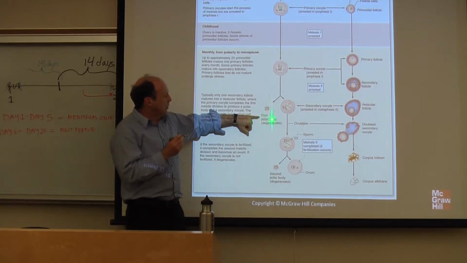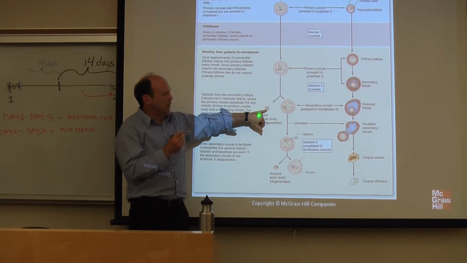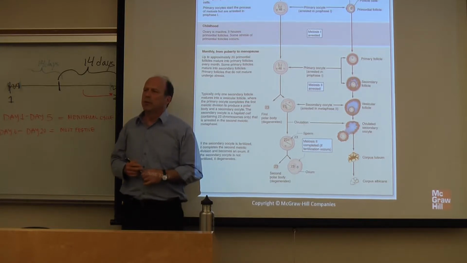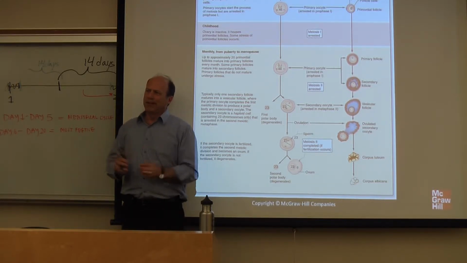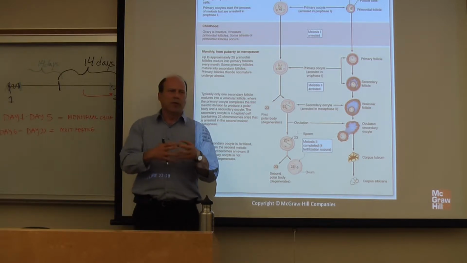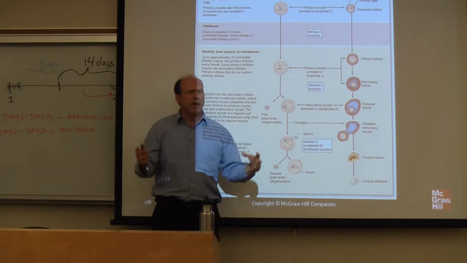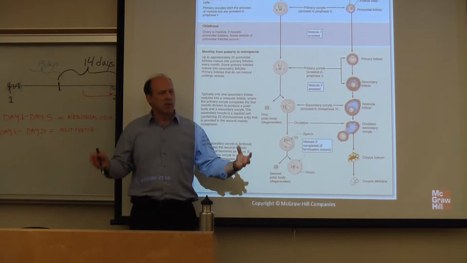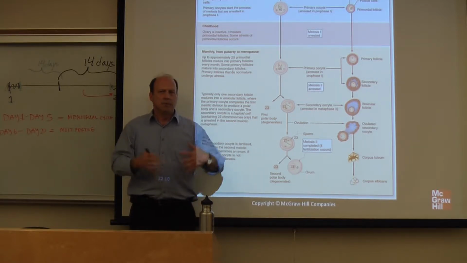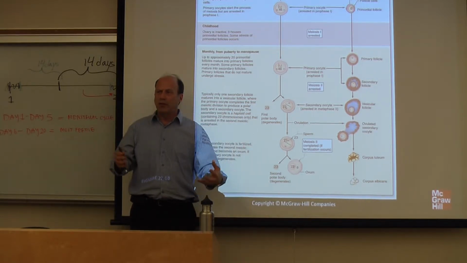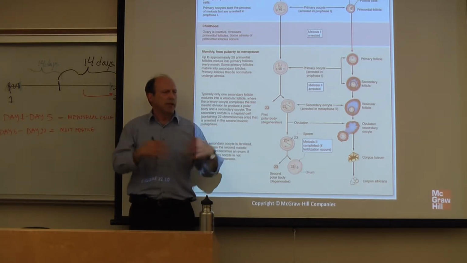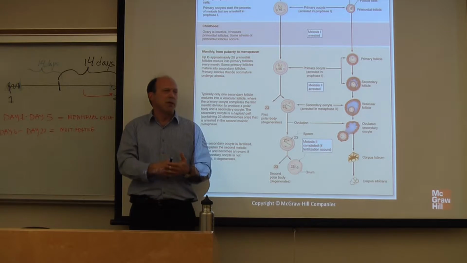What is this story with this first polar body? That also has 23 chromosomes. So polar bodies. You want the oocyte to be as robust as possible, and you want it to have as many resources as possible, because that oocyte is going to undergo multiple cell divisions, so it can become a very large cell. It's beneficial to have lots of cytoplasm, lots of machinery in there.